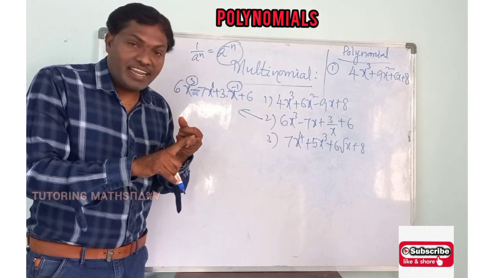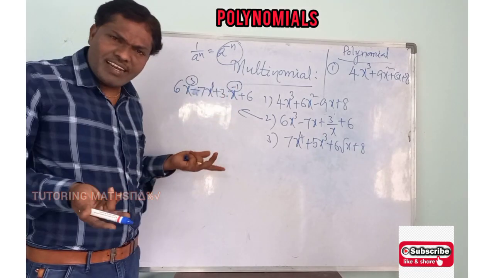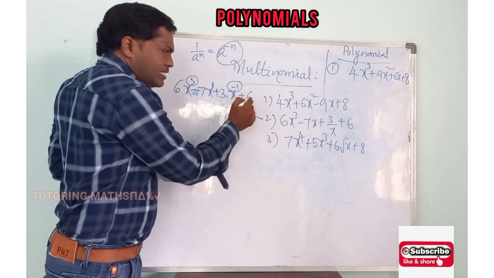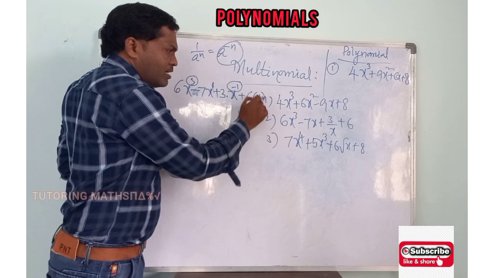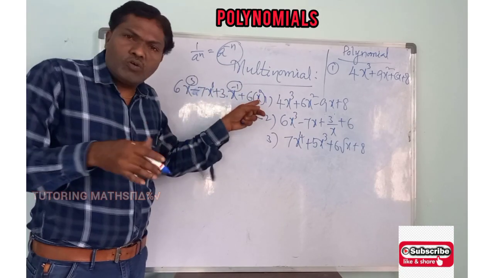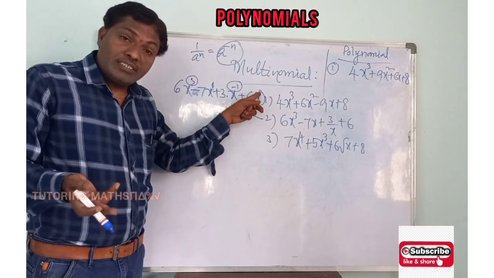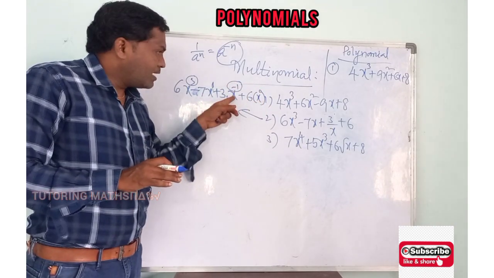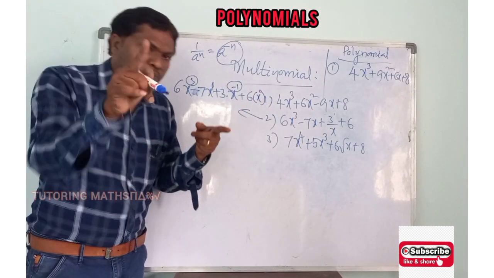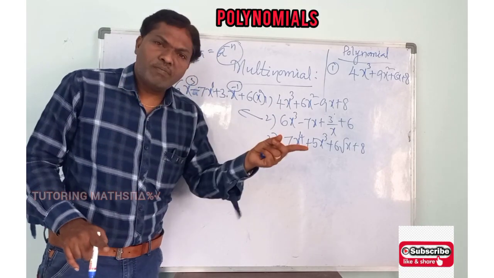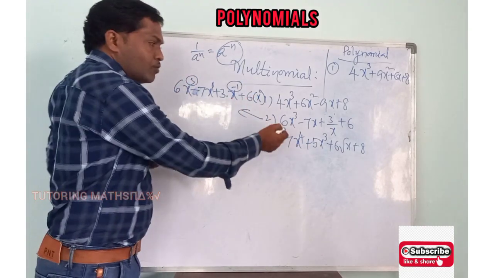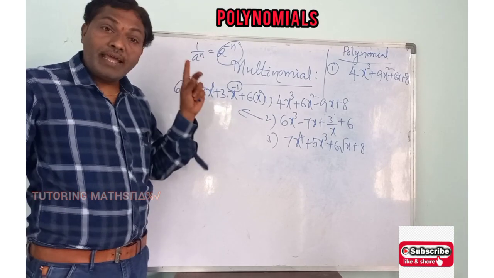Exponents never be negative. Here 6 is nothing but 6x to the power of 0. Okay, 0 can be, x power 0, no problem. But here x power minus 1, when the exponent is minus 1, it never be a polynomial. It is only a multinomial. It is not a polynomial.